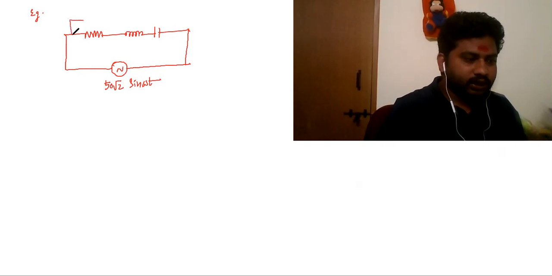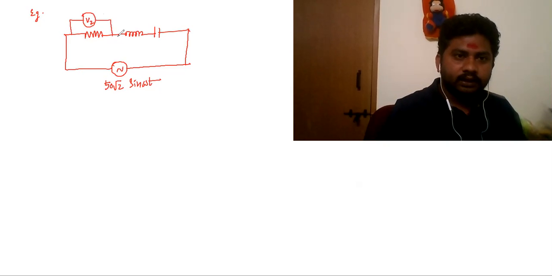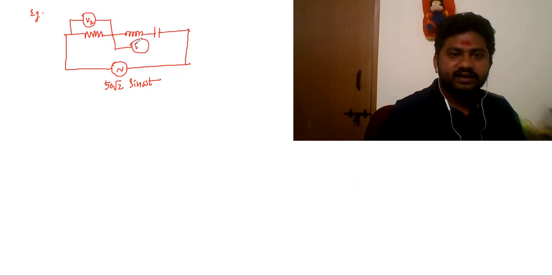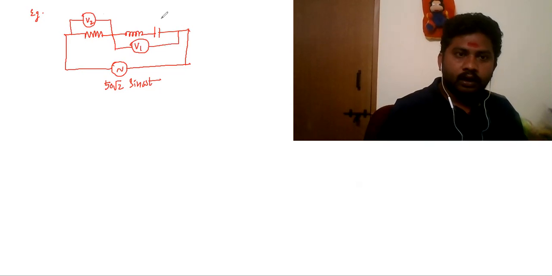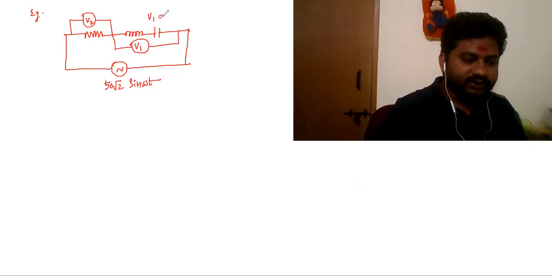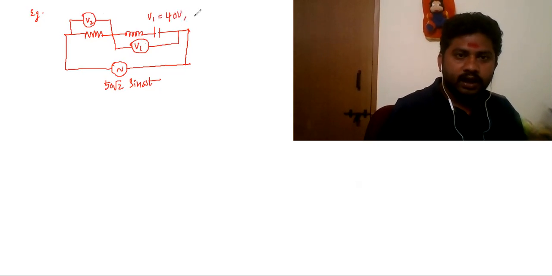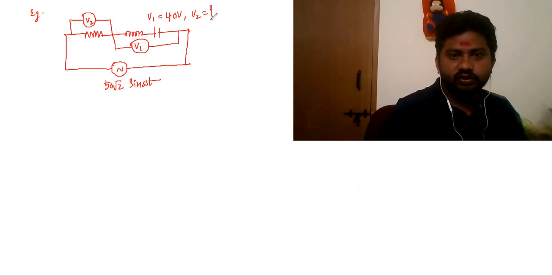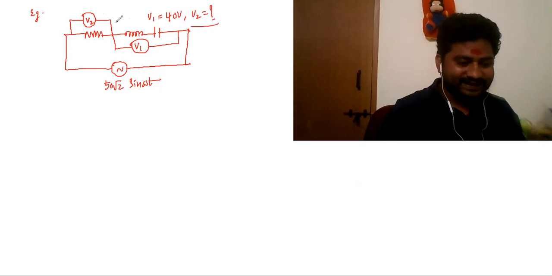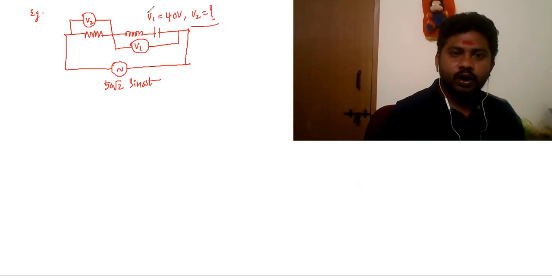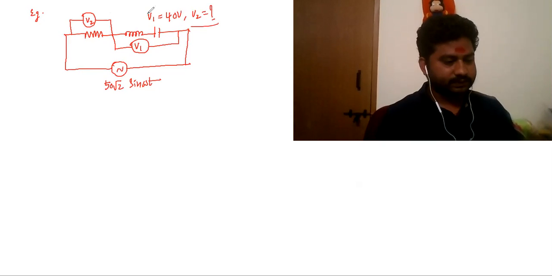The potential across this is given as V2. What is that? Potential across the resistance. And potential across these two is given as V1. These two both together it is given as V. V1 is given in the question as 40 volt, and the question is to find V2. V2 is the potential across the resistance. No other values are given, my dear students.